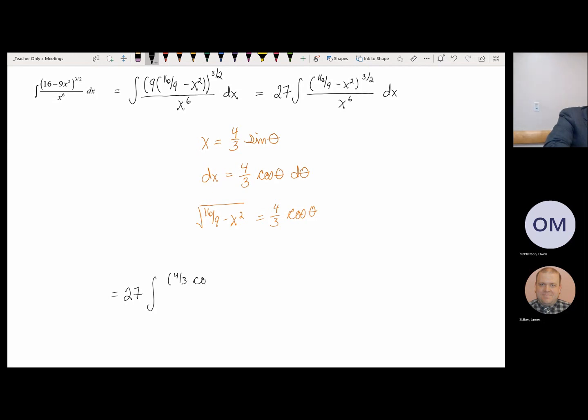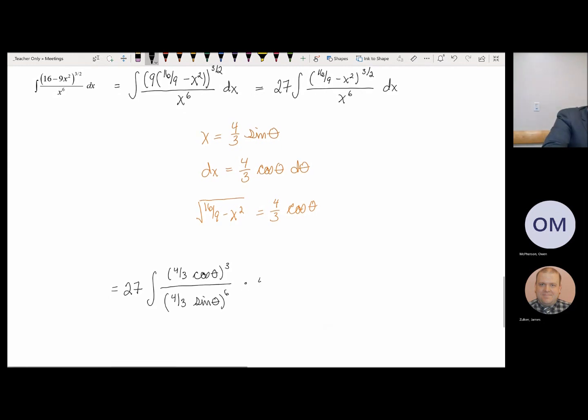Write it this way: over 4/3 sine of theta to the 6th times 4/3 cosine theta d theta.